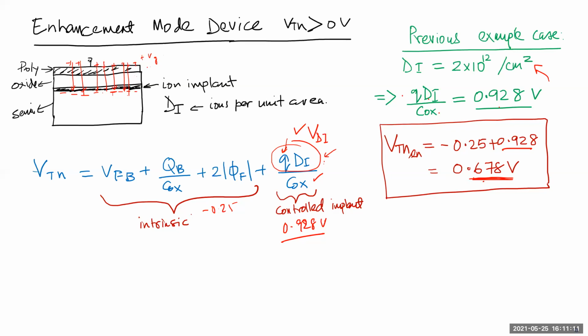Any questions so far? No questions? Okay. All of you raise your hand who understood everything, or at least most of it, for this VT calculation. 2 hands. 4, 7.